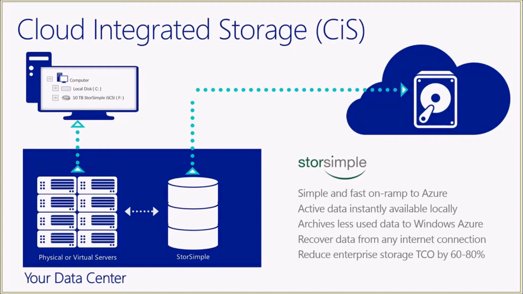We can put this device in and then consume the petabytes worth of data that Microsoft have available to store this information. So the StorSimple appliance is acting effectively as a caching device, synchronizing data up into Windows Azure, keeping the hot data that people use regularly on the local device, and then data that can be archived would be automatically pulled into Windows Azure.